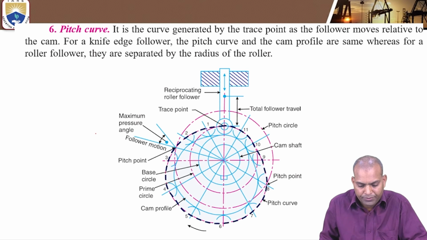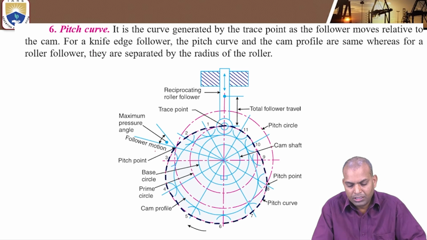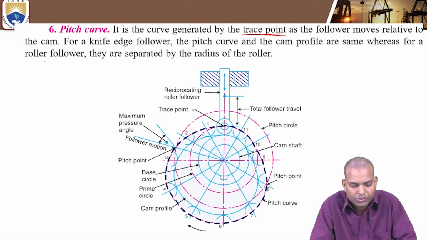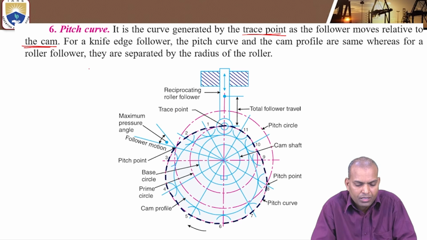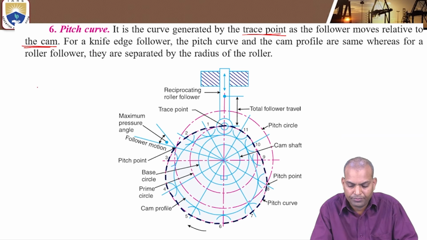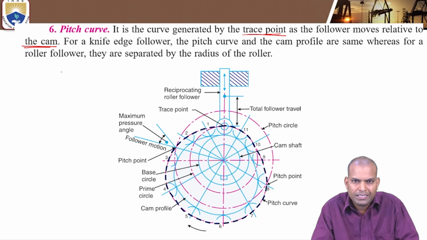Next is the pitch curve. This is the curve generated by the trace point as the follower moves relative to the cam. For a knife edge follower, the pitch curve is equal to the profile of the cam; they are the same. Whereas for a roller follower, it is different.